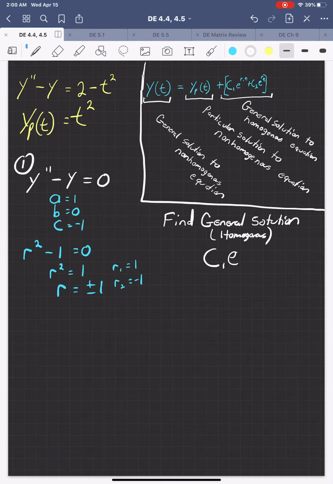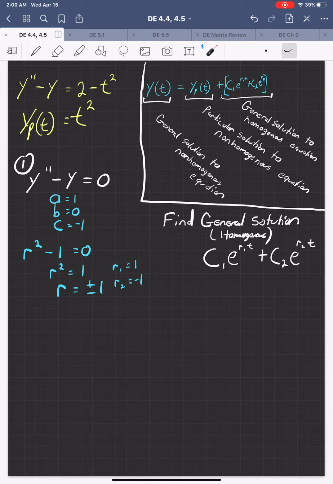We have C sub 1 e to the r sub 1 t plus C sub 2 e to the r sub 2 t. Remember this? Now, I know r sub 1 and I know r sub 2, so I can plug these in, which I'm going to do right now.